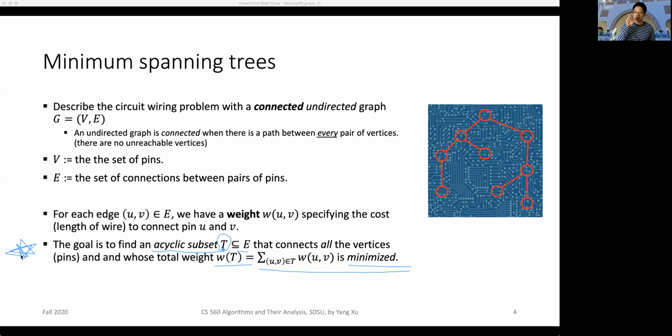We need to select only a subset of the edges, and those edges should connect all the vertices. And meanwhile, the total weight should be minimized. So it is a very typical optimization problem, but under a constraint, right? We need to optimize the total summation of the weights, but we also need to keep in mind that this constraint needs to be satisfied. We need to make sure that all the vertices are connected. Okay, we should not leave behind any vertex.